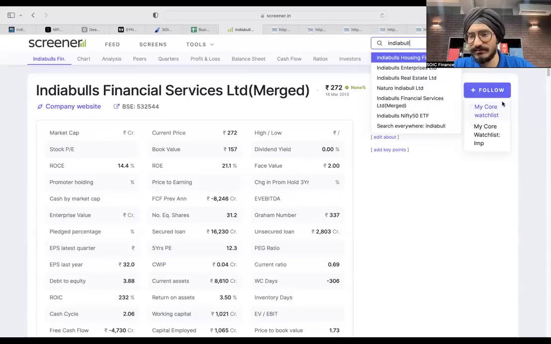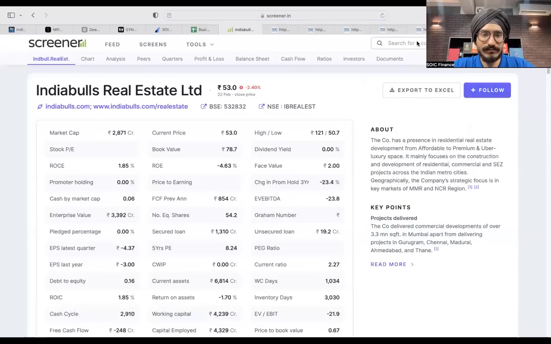Did anyone? And are you still holding it? Is anyone still holding it? Right. So same India Bull Real Estate, same thing.